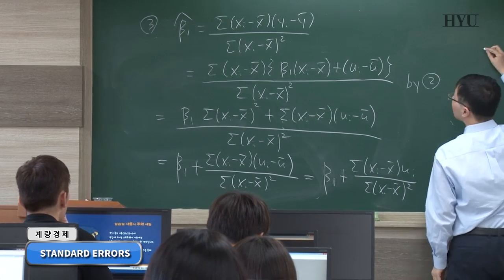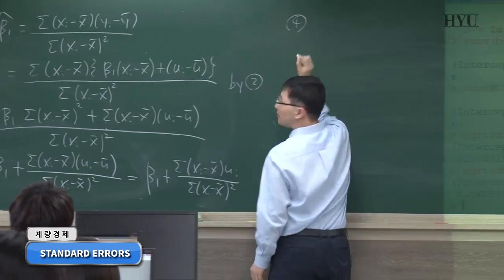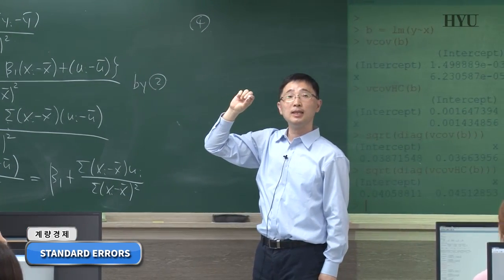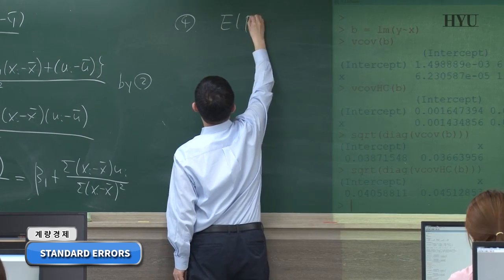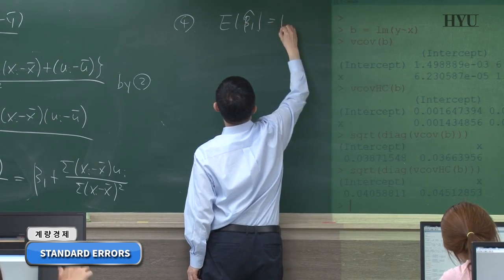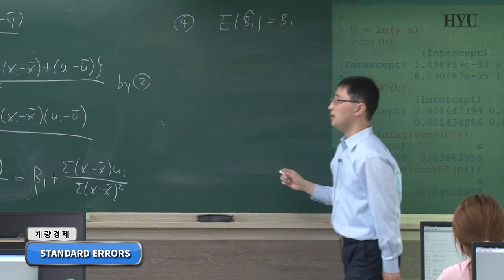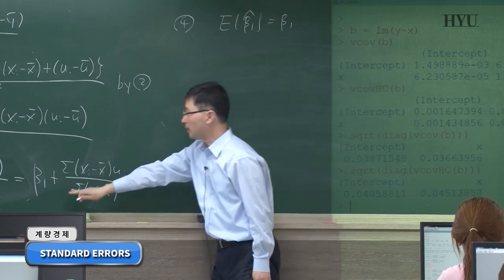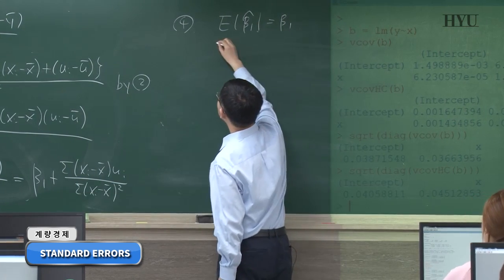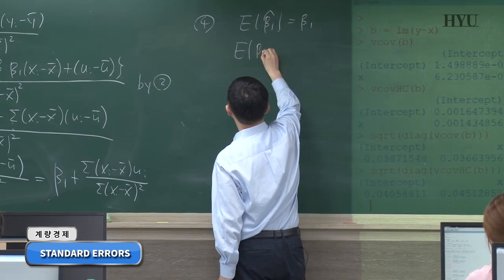Now, the first claim is, I'm going to show that beta hat is an unbiased estimate. So how to show it? Beta 1 hat can be decomposed into this way, right?